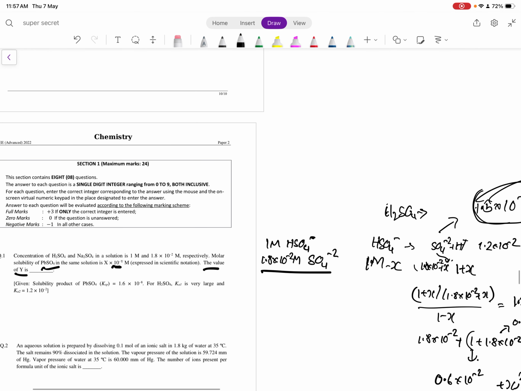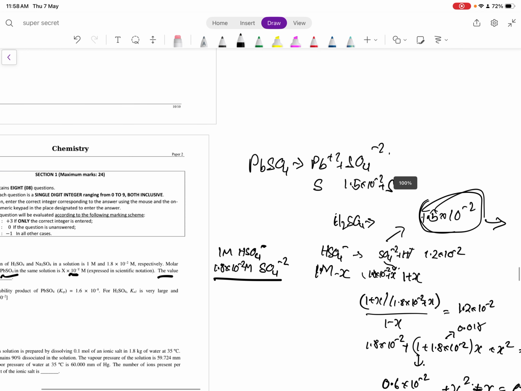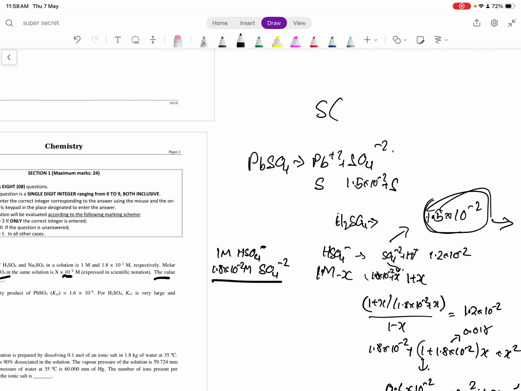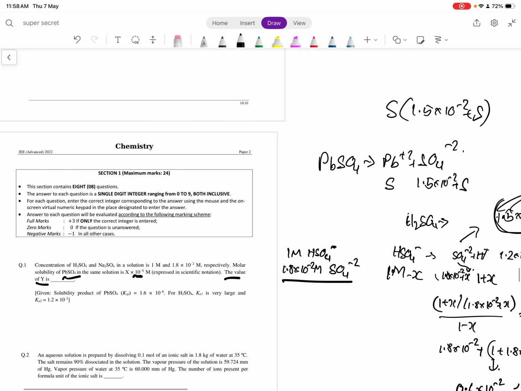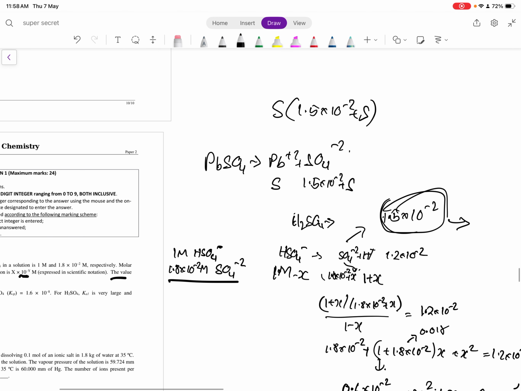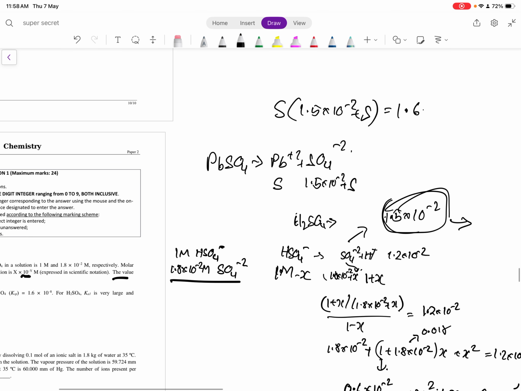So we have PbSO4 gives rise to Pb plus 2 plus SO4 minus 2. And then this is already 1.5 into 10 power minus 2 plus S, and then we have S over here. S into 1.5 into 10 power minus 2 plus S is equal to Ksp, 1.6 into 10 power minus 8.